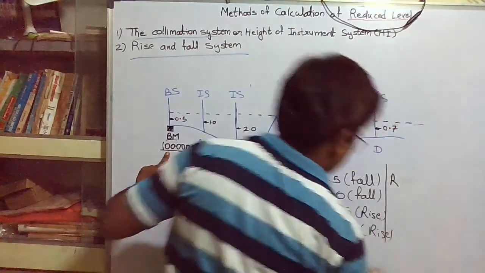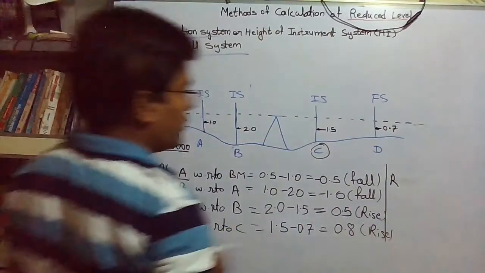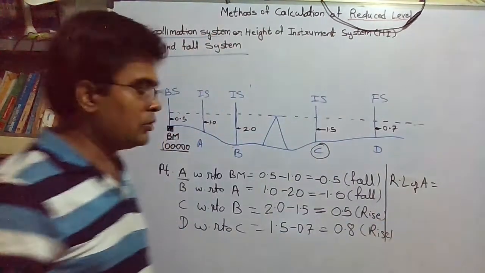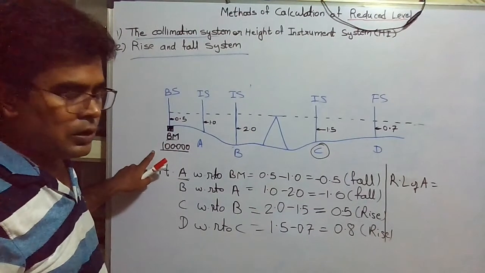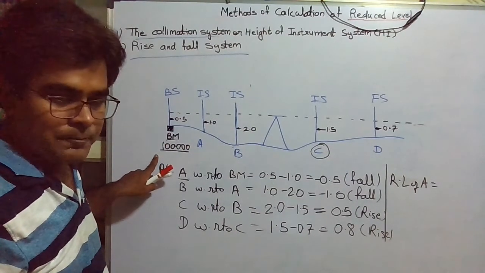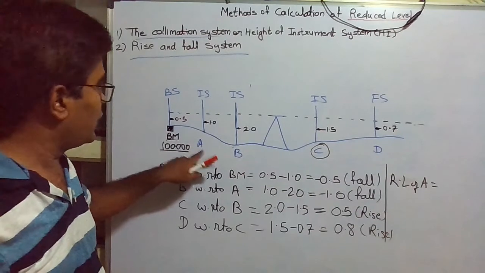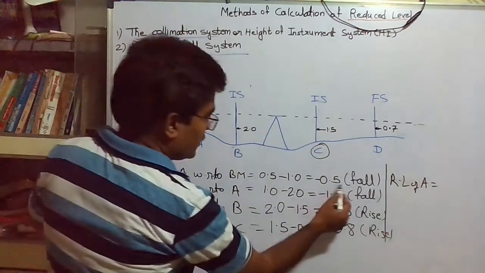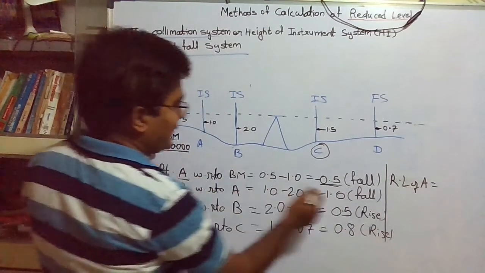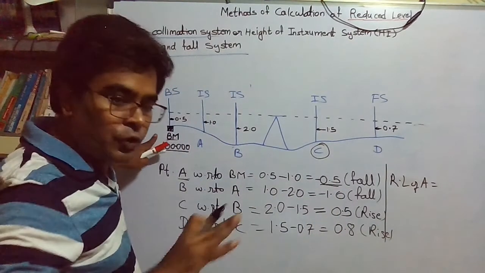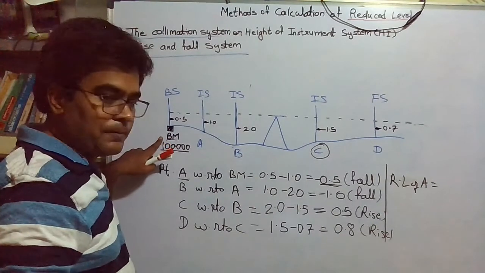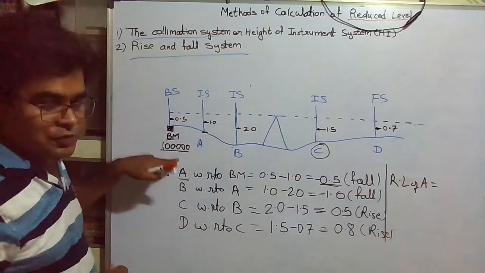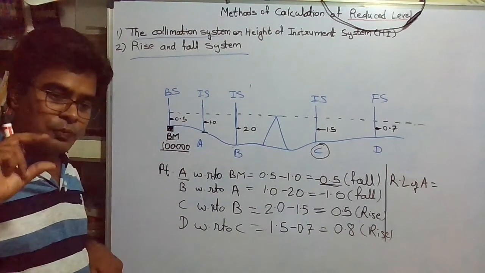We compared point A with the benchmark and found that point A is at a fall of 0.5 meter with respect to the benchmark, which means point A is lower than the benchmark by 0.5 meter.